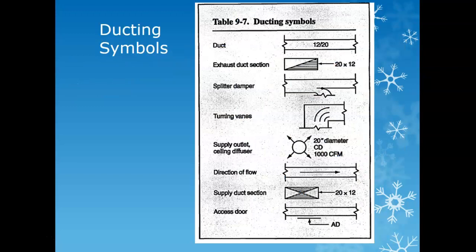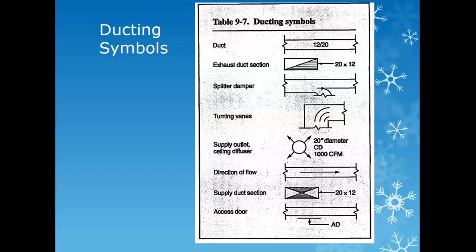So some ducting symbols. You have basic duct, you have exhaust sections, you have what are called splitters, dampers and all that. Because what most people don't realize, and I'll be quiet here in a second so you can hear it, is that air duct is very, very loud, especially when you start splitting the air.